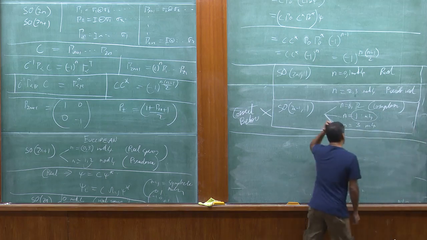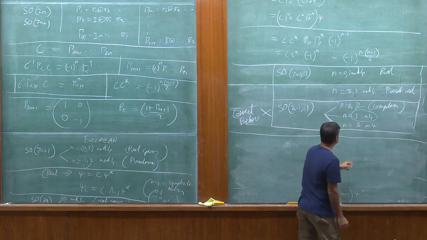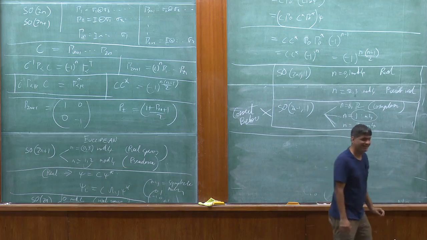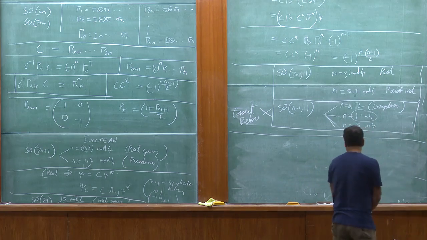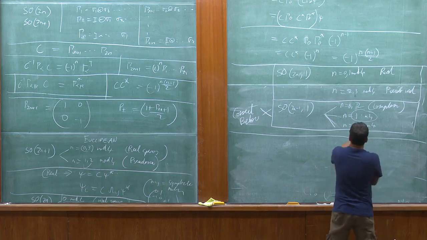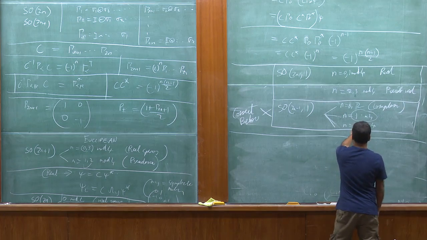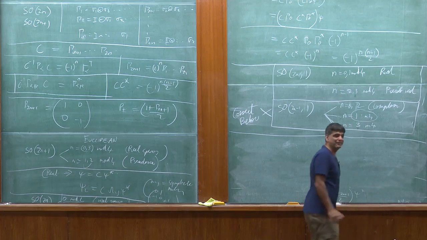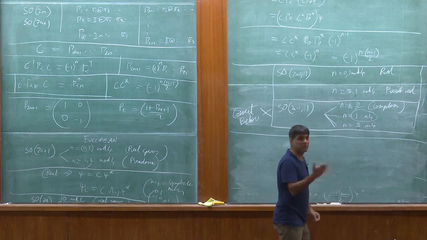On the other hand, let's look at dimensions 3 mod 4. So 6 dimensions, right? 5 plus 1 dimensions. SO(5,1).